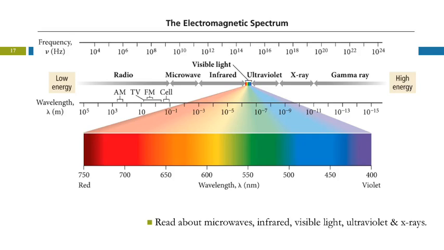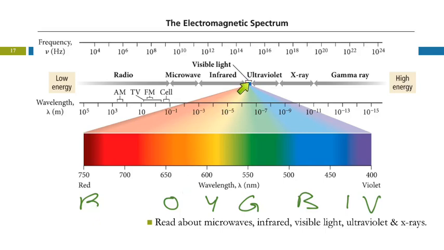So here's red, orange, yellow, green, blue, indigo, violet, right? Left to right, just like we read, low energy to high energy. That's how we typically write number lines, as they're getting bigger to the right. So violet light is higher in energy, red light is lower in energy.